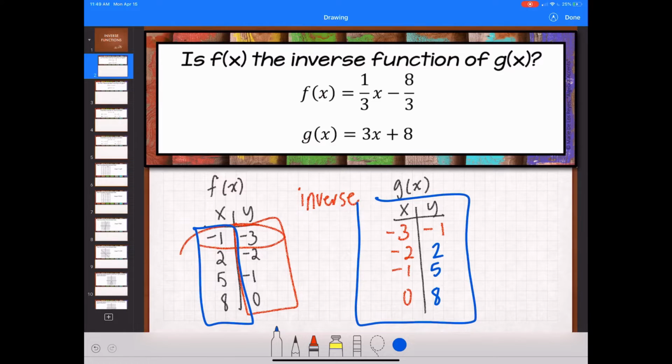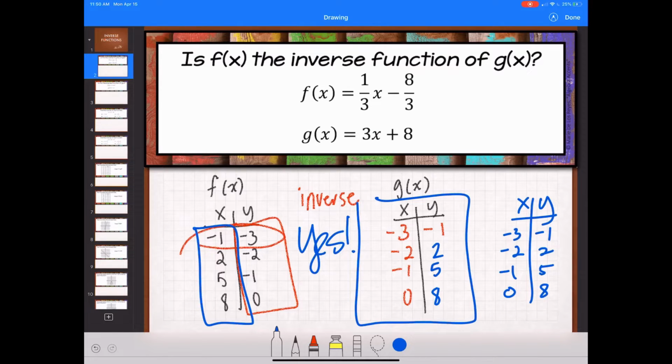I look at my table on my graphing calculator and I check. When I look at the table, I see that -3 equals -1, -2 equals 2, -1 equals 5, and 0 equals 8. So yes, these are inverse functions.